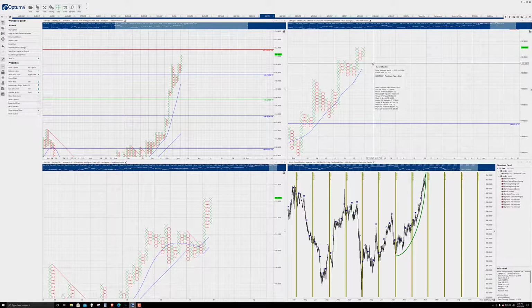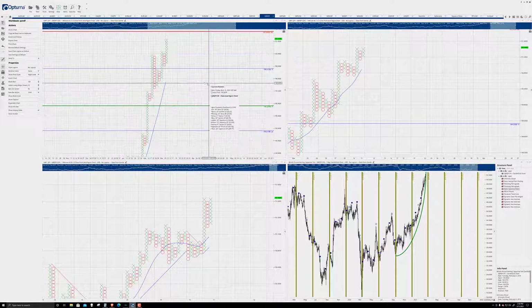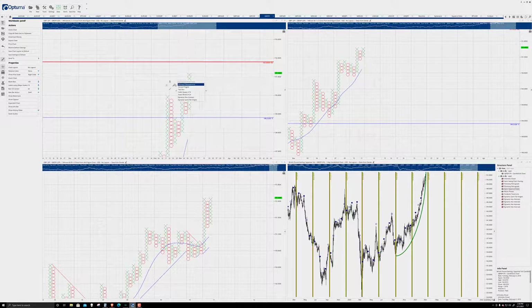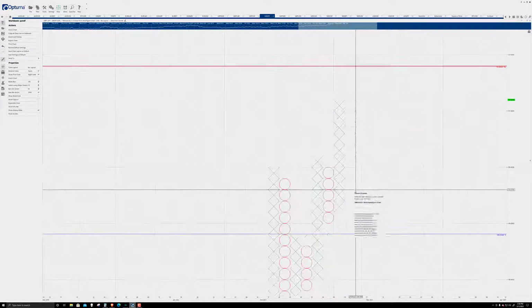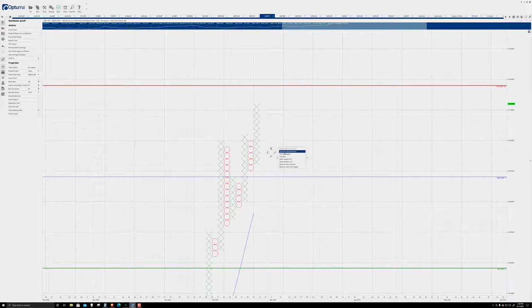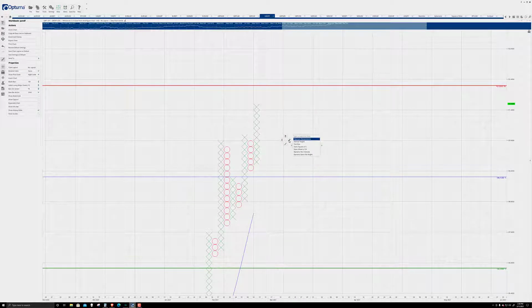But I think an early and an aggressive short entry can be looked at. So this is a pull pattern. On the 20 pip 3-box reversal chart, let me maximize that. This is a pull pattern on the pound yen on this column of X's.